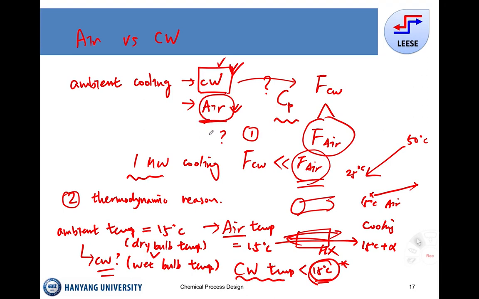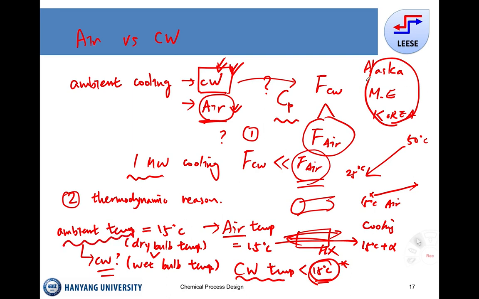Now, when you design a plant using cooling water, you should bear in mind the geographical difference. If you want to use cooling water in Alaska, in the Middle East, or in Korea, that is different, okay? Because it is regulated by the ambient temperature.